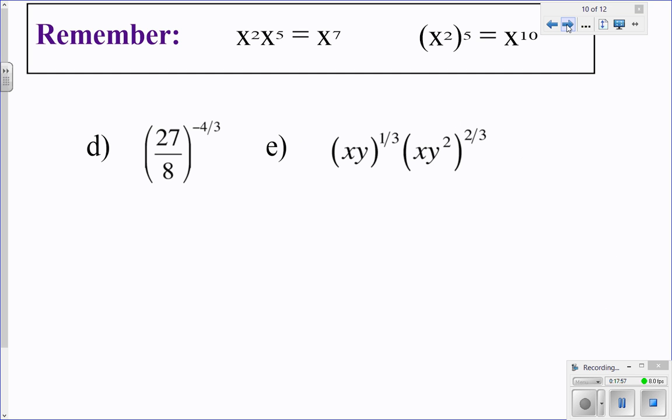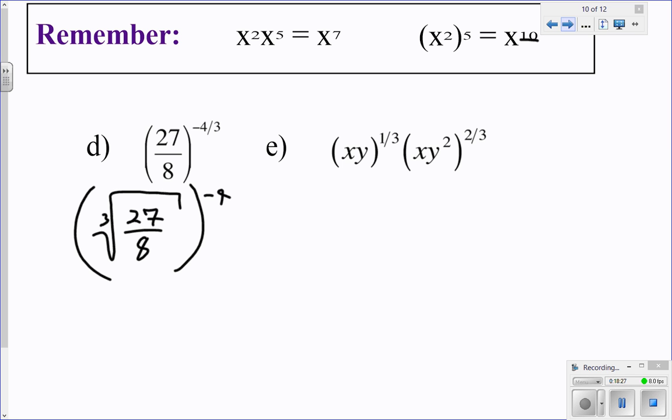All right, let's look at some other examples, on our last page here. So remember, when you're simplifying exponents, if it's x squared times x to the 5th, it's x to the 7th. But if you have it in parentheses, it becomes 2 times 5, and you get x to the 10th. So for D here, again, I'm going to think of it as a cube root. So I get 27 over 8, cube root it, and take it to the -4th power.